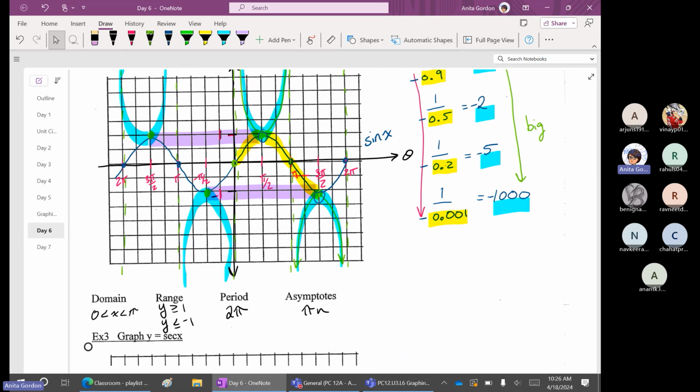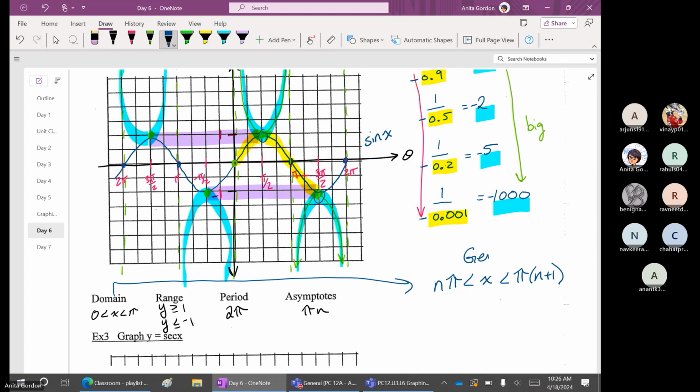Yeah, it just kind of depends on where you are. Okay, here's another way you could do the domain. Between n pi and n pi plus 1. That's another way. This would be the general way. So between a pi and the next pi. That's all that matters.